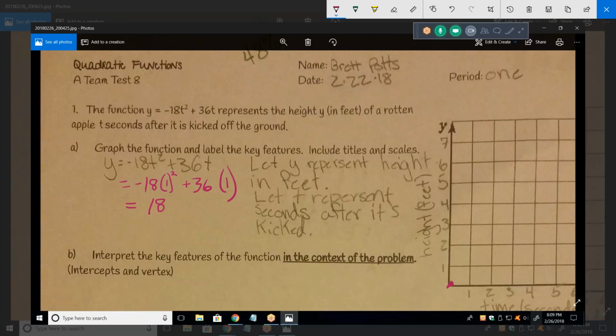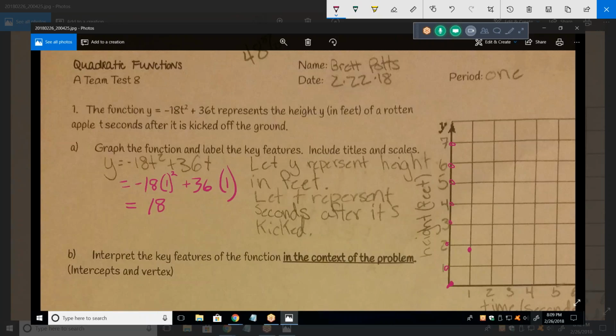We're outside the page, because I got to label 18. So what I'm going to do is change this to 10, 20, 30, 40, 50, 60, 70. Now, at 1 second, we're supposed to be at 18, right there.